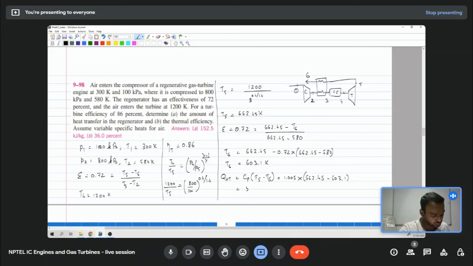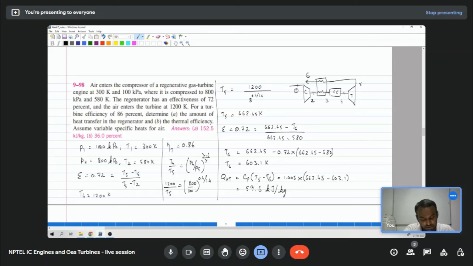That is 59.6 kilojoule per kg of the working fluid. So the amount of heat transferred in the regenerator is found. Now we can calculate the thermal efficiency.